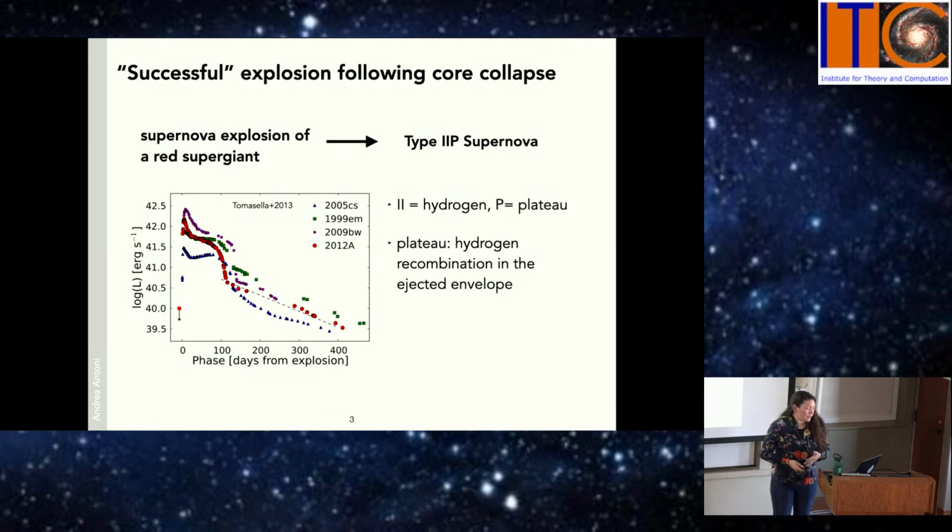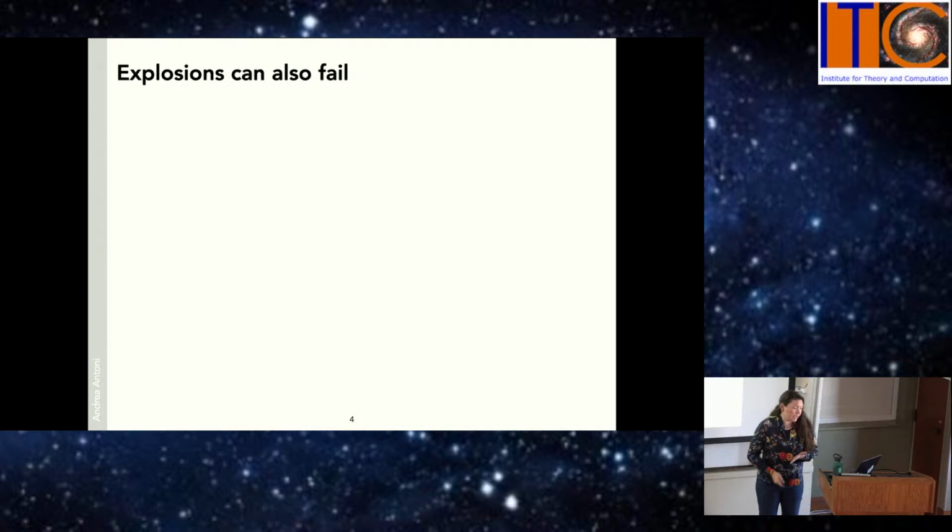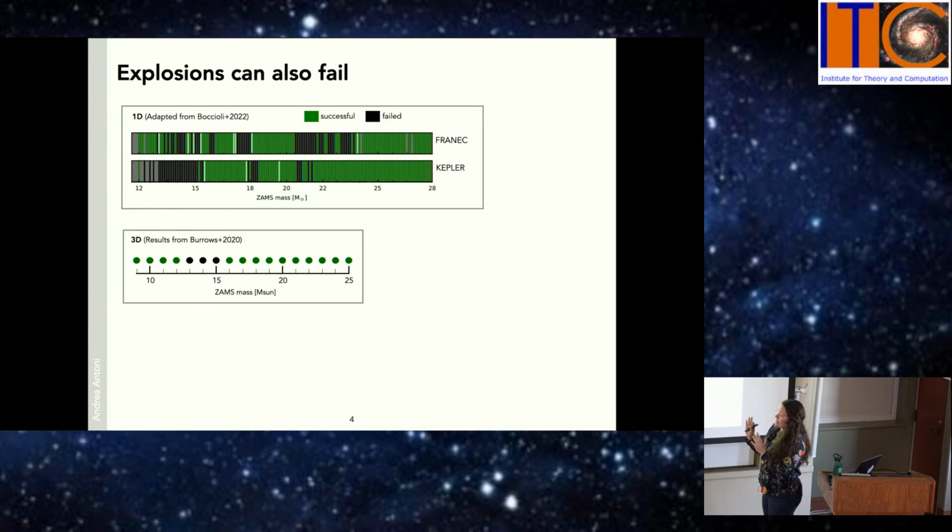Now, core collapse of these red supergiants doesn't always lead to a type 2P supernova, or a successful supernova in general. Instead, sometimes the neutrino mechanism can fail. Here I'm showing you some example simulations of the neutrino driving mechanism for supernovae: both 1D simulations using a couple of different pre-stellar evolution models to model the red supergiants up to core collapse, and then some 3D simulations from Adam Burrows' group.